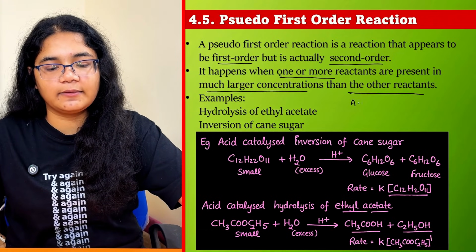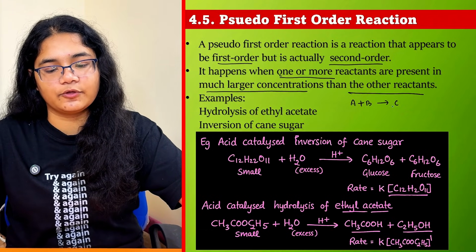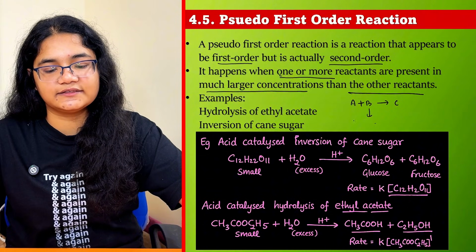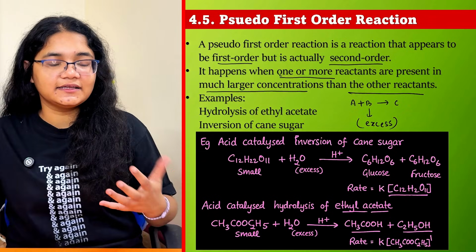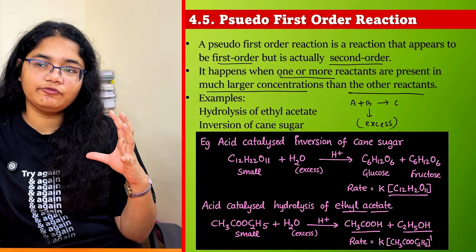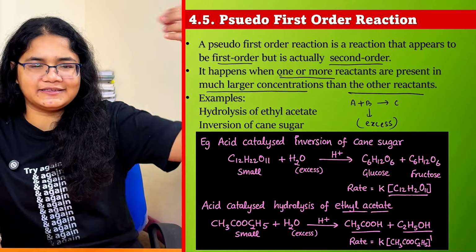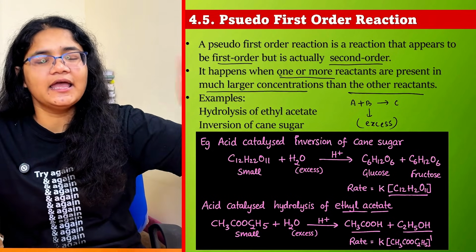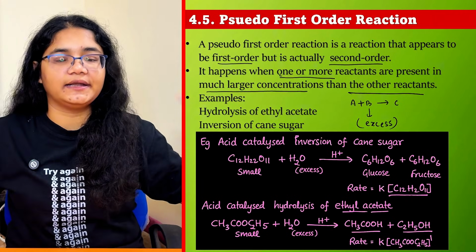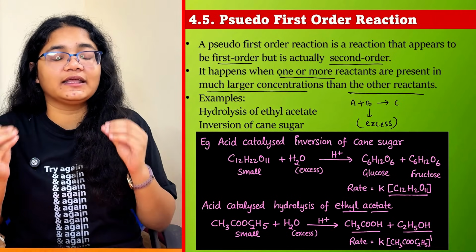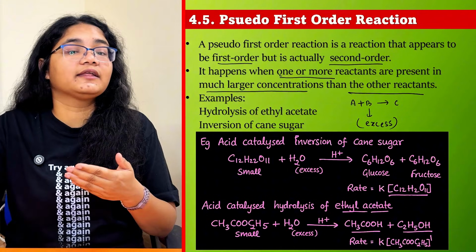Suppose A plus B is giving you C, and B is present in excess. When too much B is present, if you add slightly more B or remove slightly B, it doesn't overall affect the rate of the reaction because it is too much in quantity. So B is not affecting the rate of the reaction.